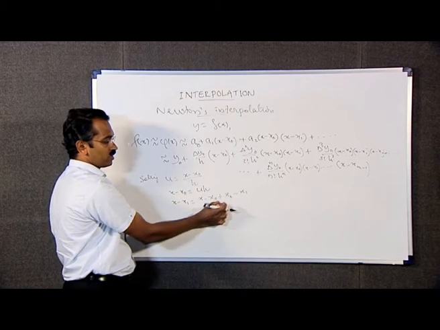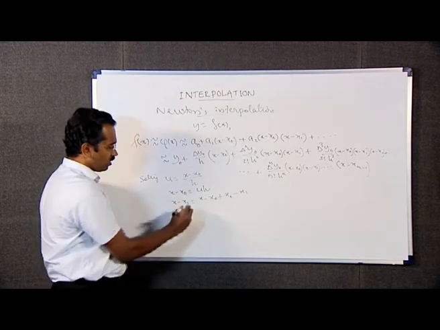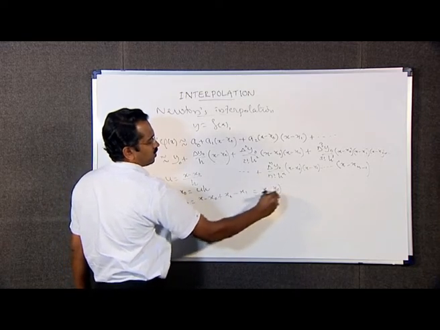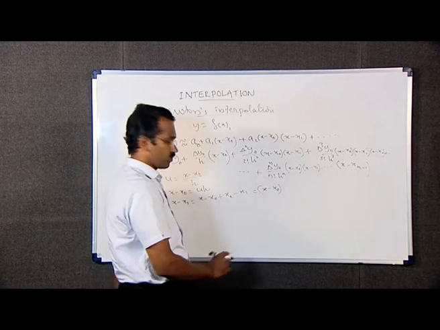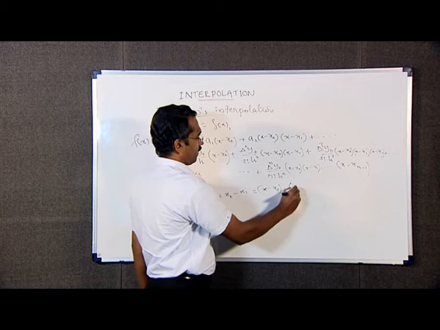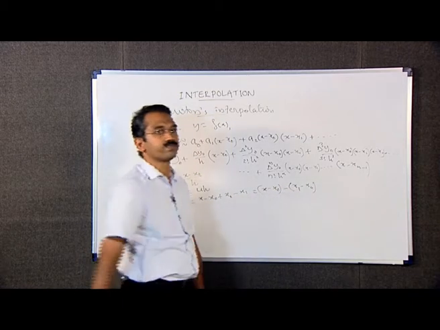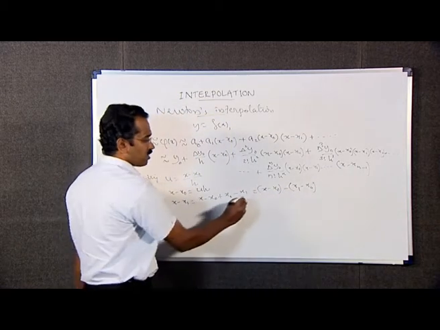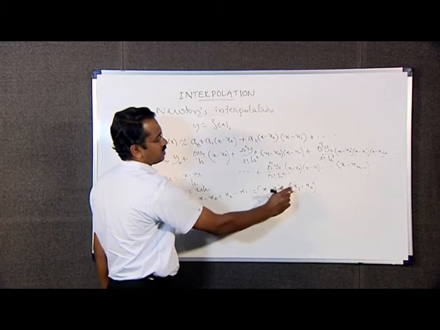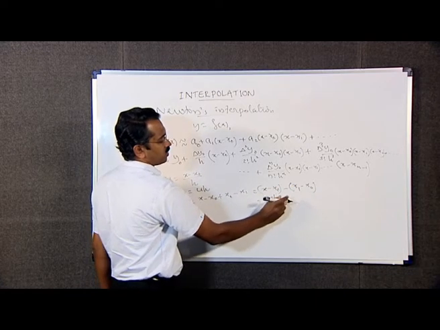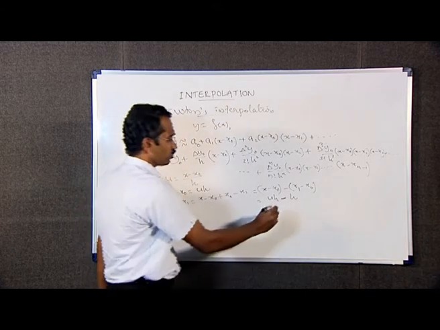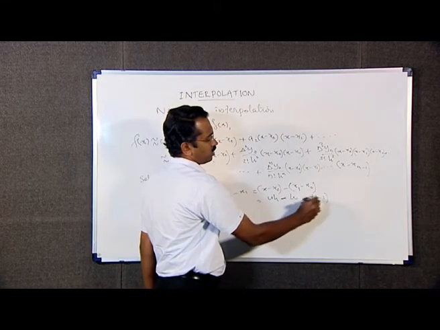Just add x naught and subtract the same. This is equal to x minus x naught plus x naught minus x 1, which is equal to x minus x naught is uh, minus x 1 minus x naught is h, uh minus h, that is equal to u minus 1 into h.